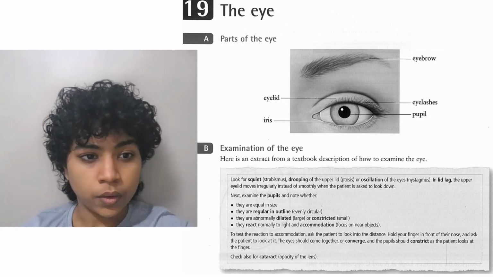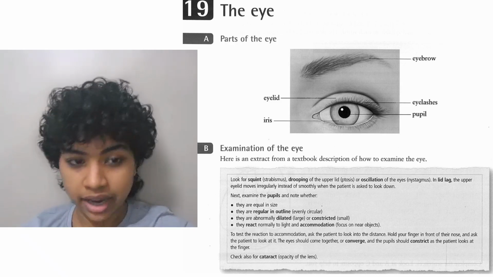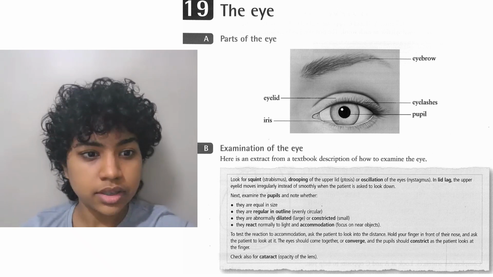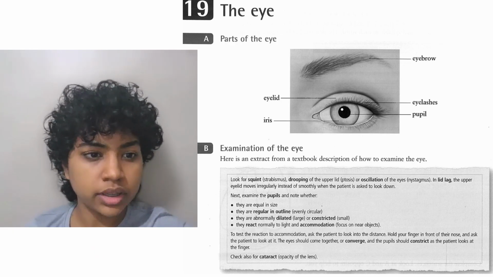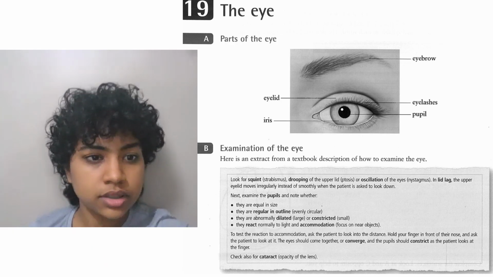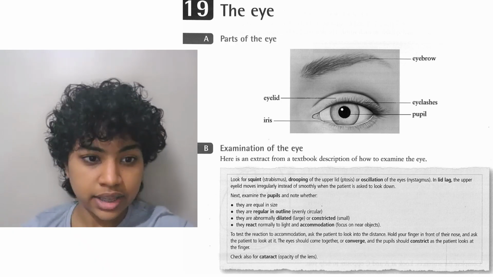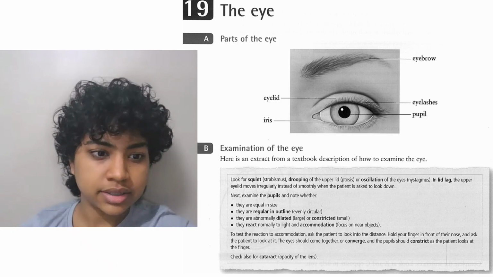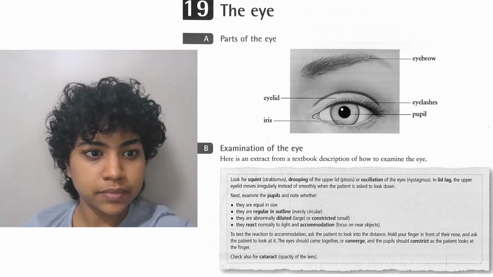Description of how to examine the eye. Look for squint, strabismus, drooping of the upper lid, ptosis, or oscillation of the eye, nystagmus.